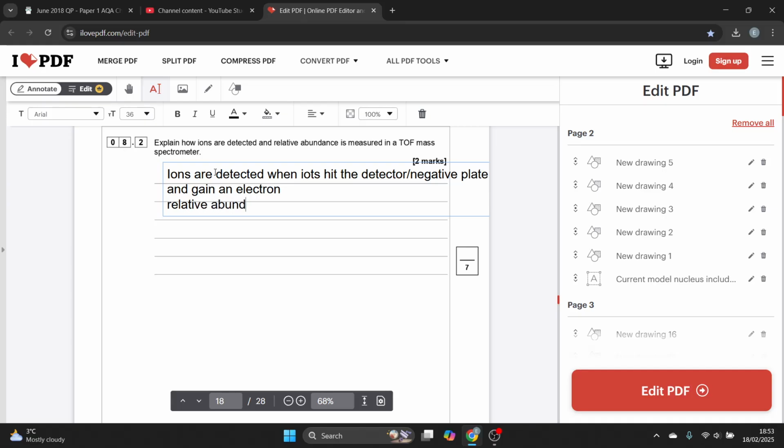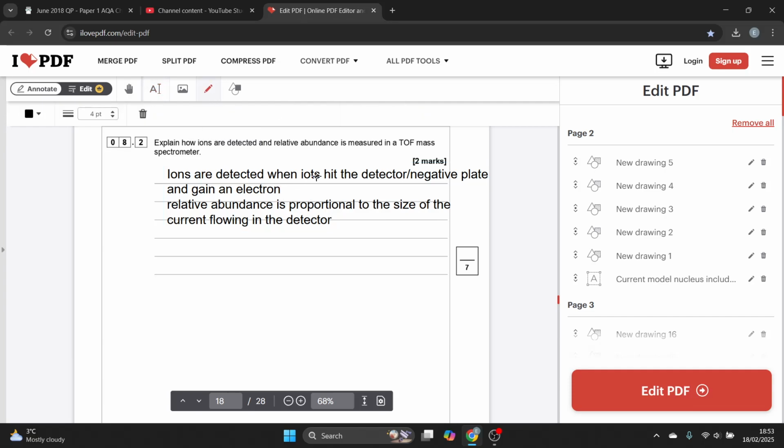Relative abundance is proportional to the size of the current flowing in the detector. So ions are detected when ions hit the detector / negative plate and each ion gains an electron. Relative abundance is proportional to the size of the current flowing in the detector.